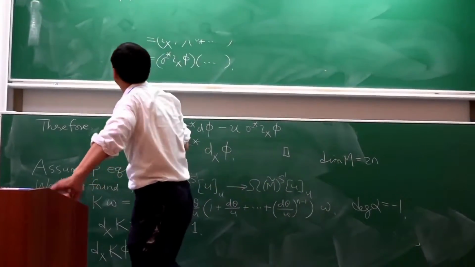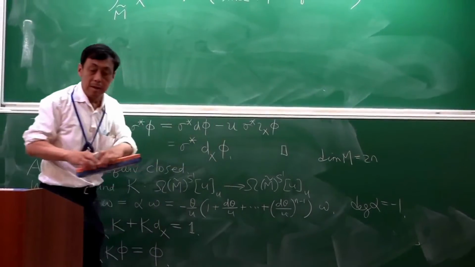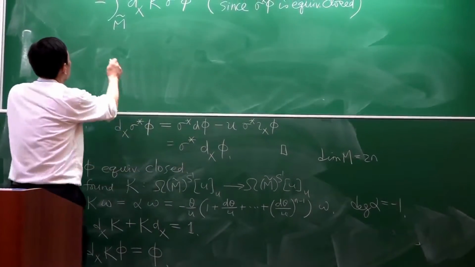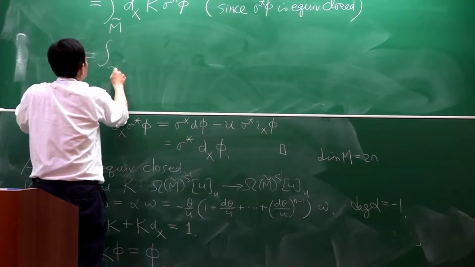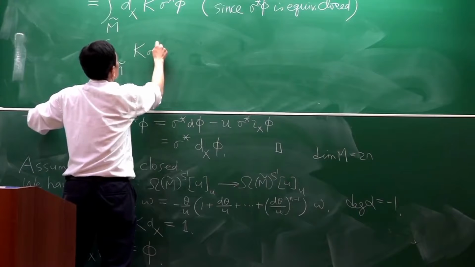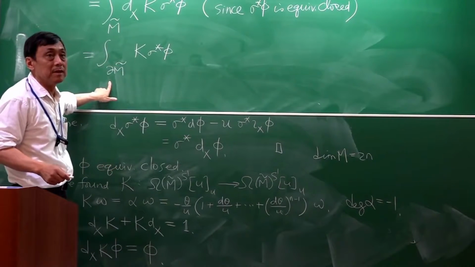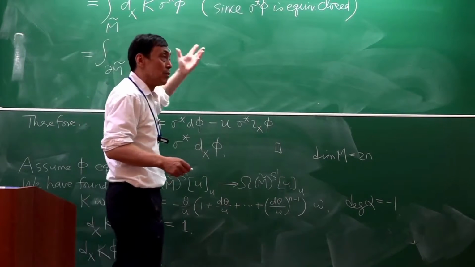And then now you can apply Stokes' theorem. So when you apply Stokes' theorem, you get k sigma star phi, which you integrate on the boundary of the blow up.